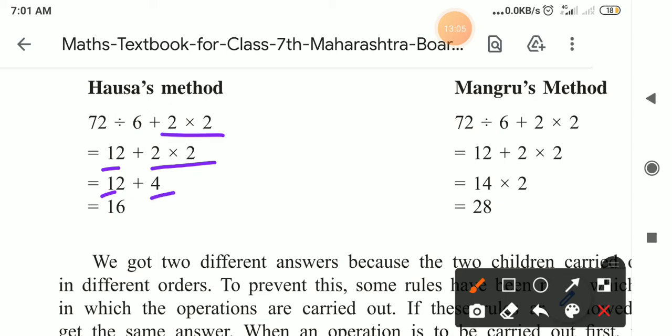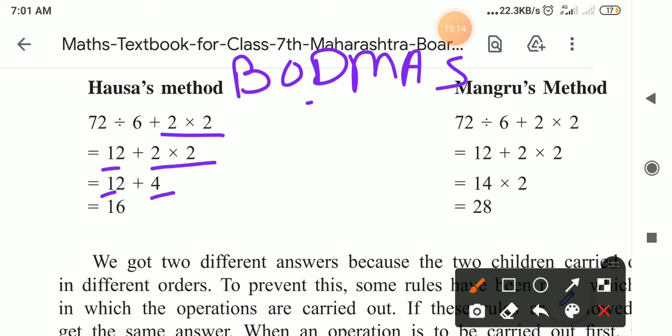She followed the BODMAS rule: she did the division first and then multiplication, so 2 twos are 4. Then addition, she had done, subtraction is not done. So 16. So Hausa's method is correct.